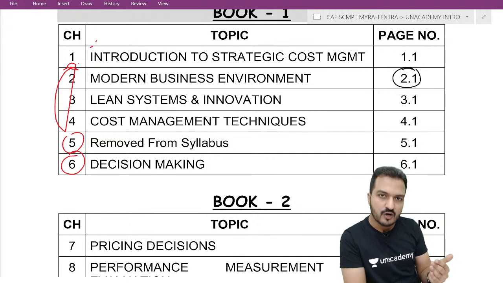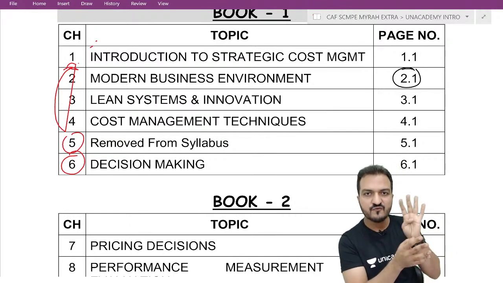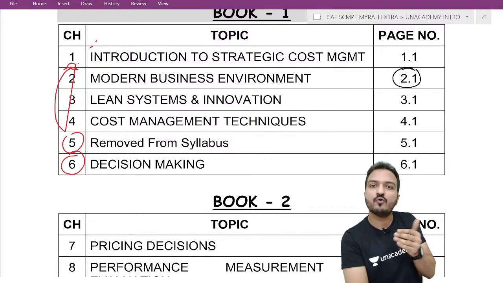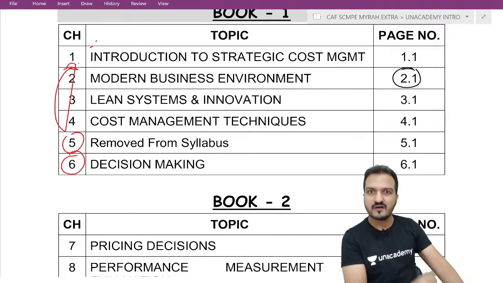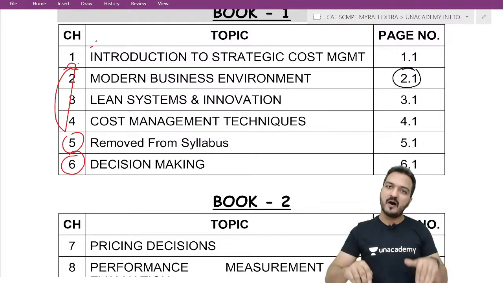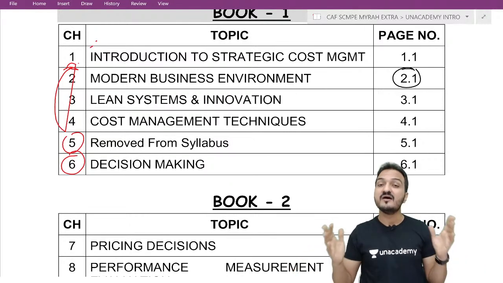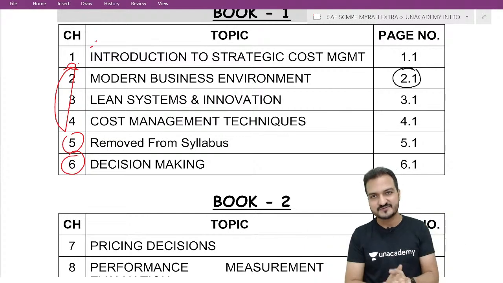What the institute has done is divide the 12 chapters into 4 parts, and then say each part has a weightage of 25%. Now think, the entire syllabus is divided into 4 parts and each part has a weightage of 25%. Practically, it means almost equal weightage throughout the syllabus.